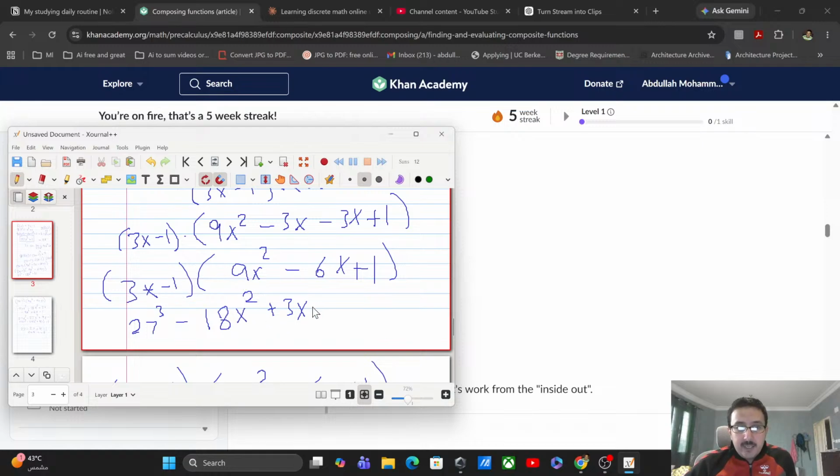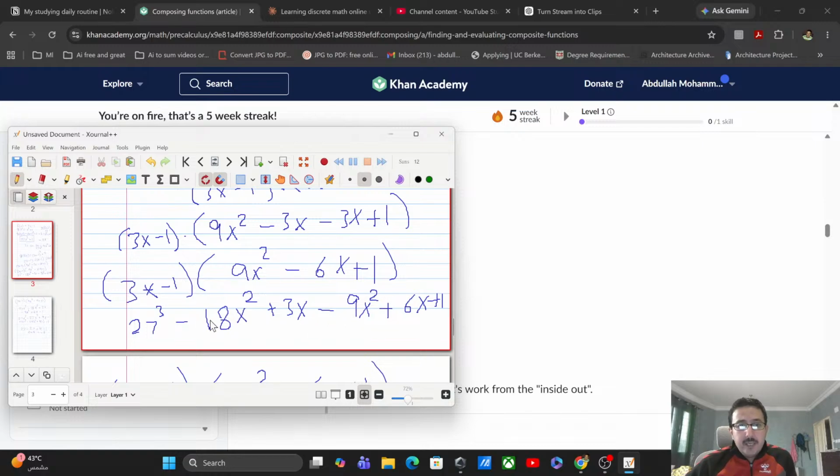Here that's a minus nine x square. That's a plus 6. Goes minus minus. That's a plus 6x, minus or minus, that's a plus 1.